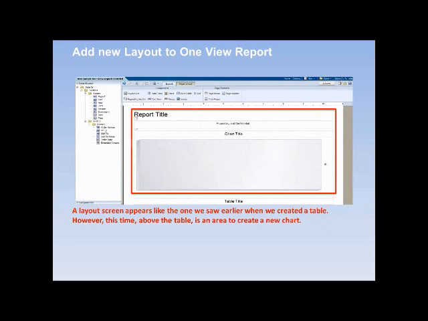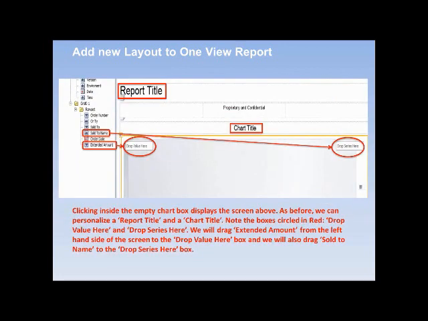I'm selecting Chart and Table by clicking on its icon, the one circled in red. So my layout screen, the blank screen, appears, similar to the one we saw earlier. But this time, above the table section to populate tables below, is an area to create a new chart, because I picked Chart and Table. Next slide, please.